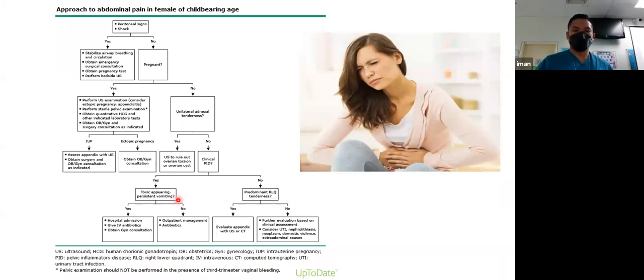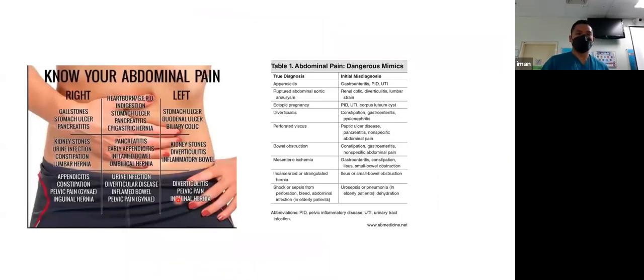I think I go to the next slide. So these are the 9 quadrants of your abdomen. Okay, as you can see, there are many overlapping pain between quadrants. Okay, that's why sometimes it's very hard for you to diagnose according to the organ. Right? And here I want to emphasize the dangerous mimics of abdominal pain.